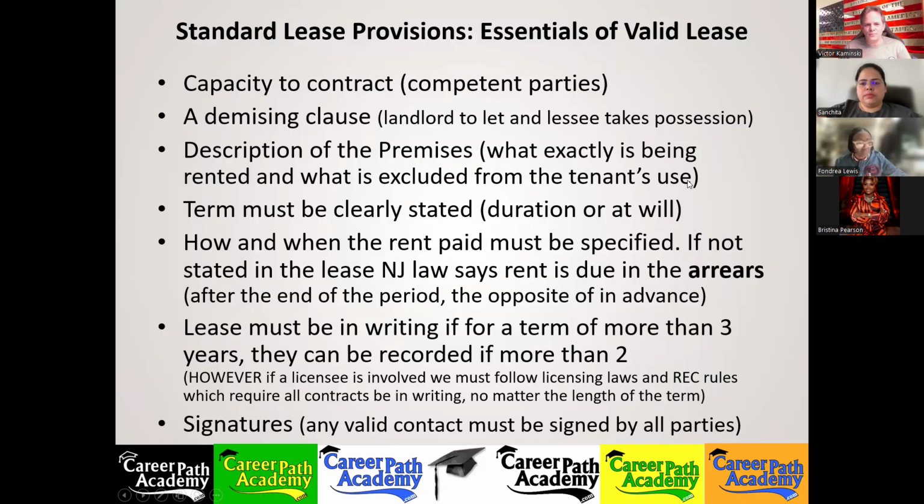That's important because if you don't put what's excluded from the tenant's use, the tenant has the right to use the entire property. Sometimes landlords rent a house and they may say, well, the garage is off limits because I got my tools and my car in there and stuff. Or you got half of the attic or half of the basement. Well, they need to specify that in the lease.